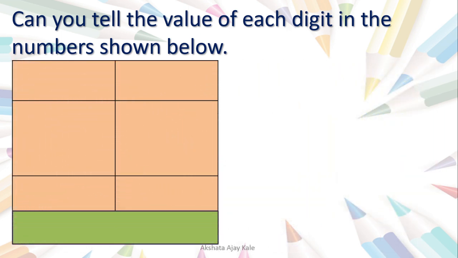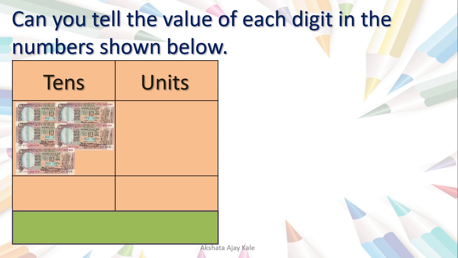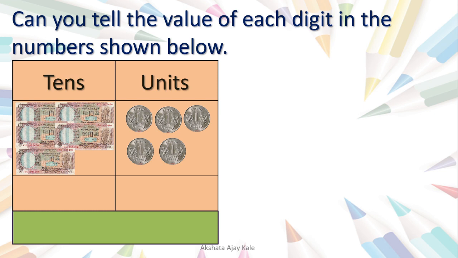See one more here. Now here we will write the digit in the numbers. We will write the place value in words too. Okay? Units, tens. Here we can see some notes of tens and some coins of 1. How many tens are there?